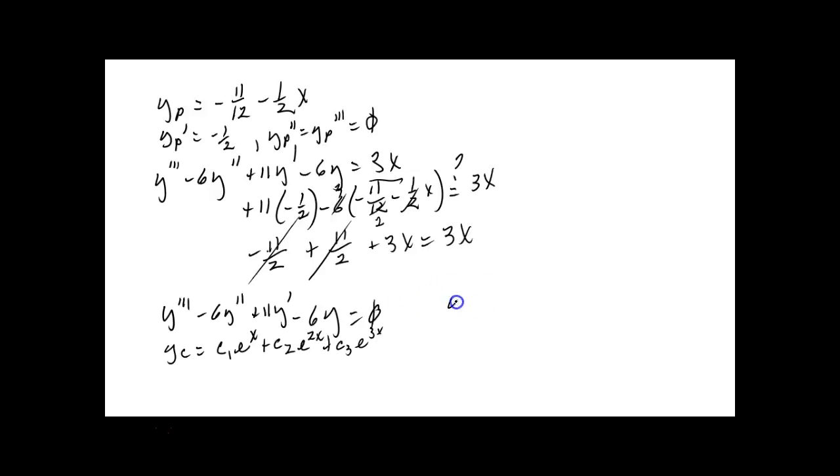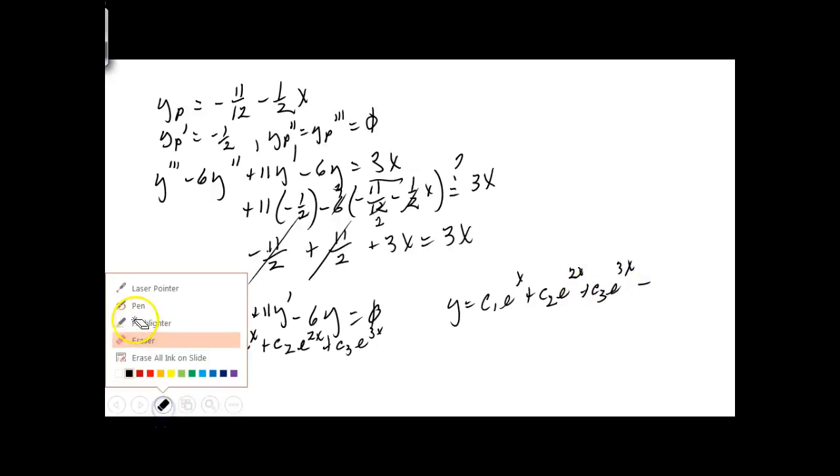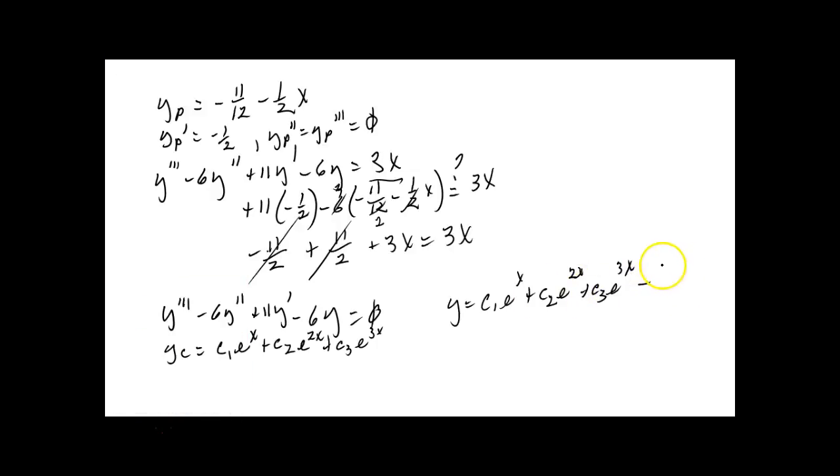So your general solution now, y, is equal to the complementary solution, c1 e to the x plus c2 e to the 2x plus c3 e to the 3x plus your particular solution, which actually is a minus now, minus 11/12 minus 1/2 x. There's your general solution for the non-homogeneous case.